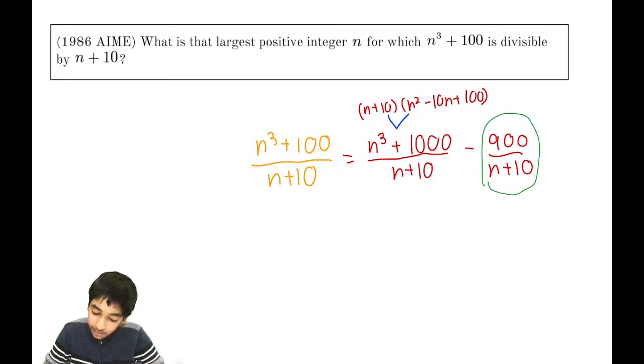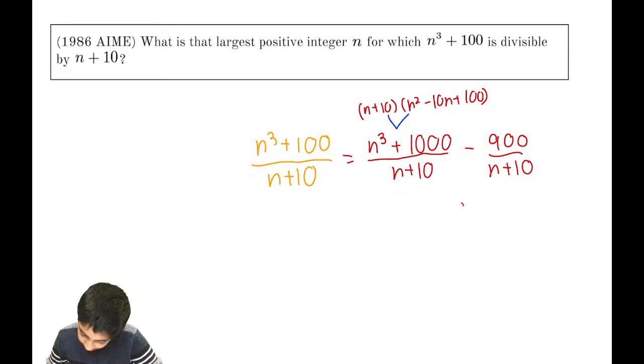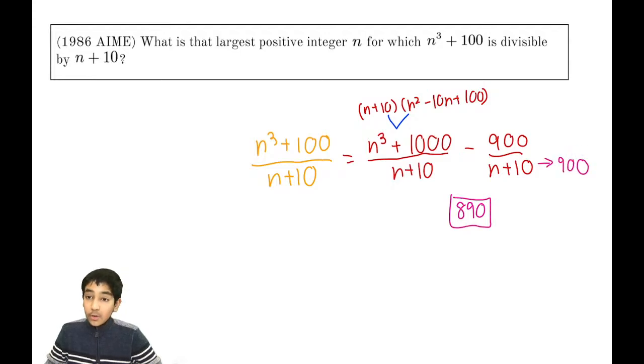What is the maximum possible value such that it will be an integer? That's 890. If n is equal to 890, then the denominator is 900, and 900 divided by 900 is 1. So 890 is the maximum possible value of n such that 900 divided by n plus 10 is an integer, because the maximum possible value of n plus 10 is just 900. And that's the solution for this problem. Simple, but very clever.